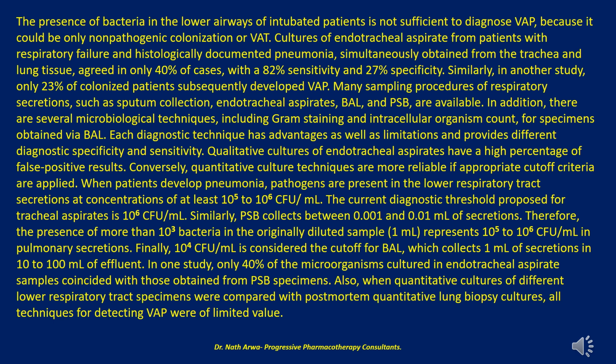Therefore, the presence of more than 10^3 bacteria in the originally diluted sample, 1 milliliter, represents 10^5 to 10^6 colony-forming units per milliliter in pulmonary secretions. Finally, 10^4 colony-forming units per milliliter is considered the cutoff for BAL, which collects 1 milliliter of secretions in 10 to 100 milliliters of effluent.